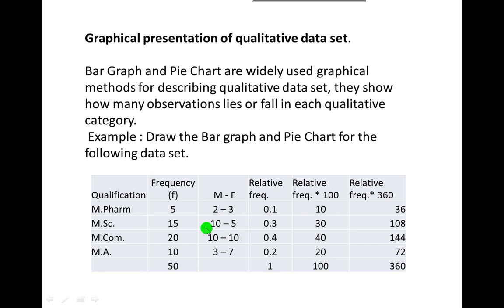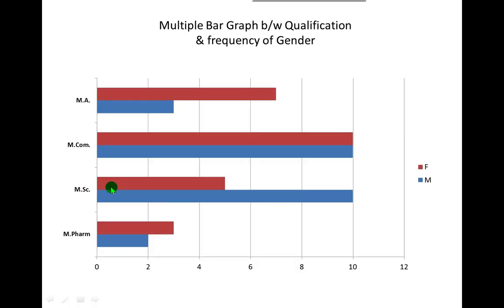In the second, 10 male and 5 female. Both are same, 10, 10, and this is 3 and 7. So blue color represents the male categories, red color represents the female categories. Okay.